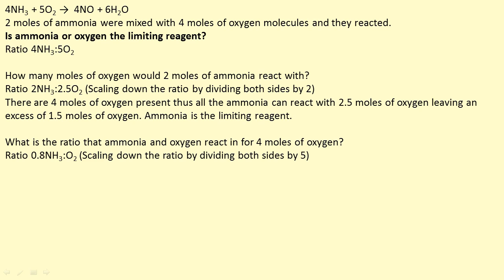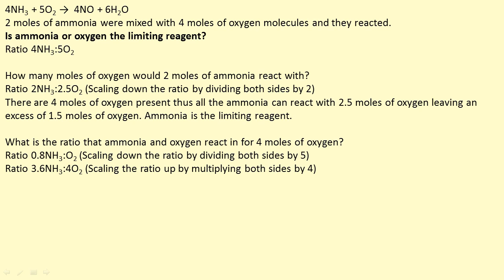Now, if we take this ratio and multiply both sides by 4, we can find out how many moles of ammonia are required to react with 4 moles of oxygen. We obtain the following ratio: 3.6 moles of ammonia react with 4 moles of oxygen.